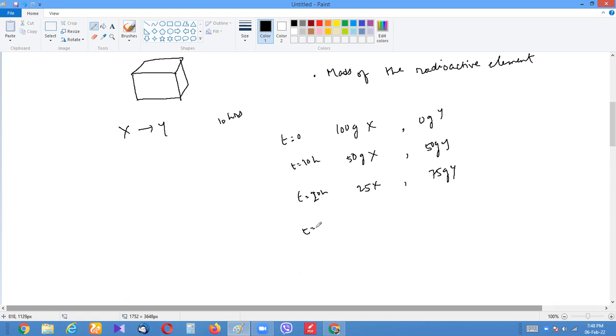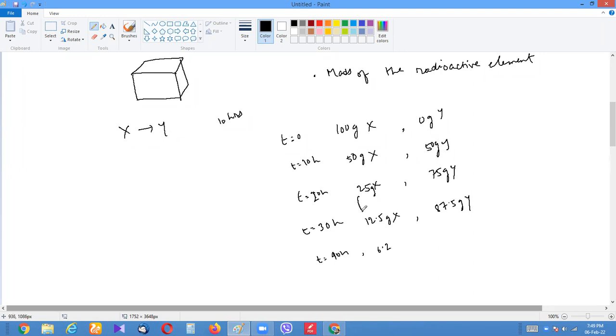At t equals 30 hours, which means after 3 half-lives, we're going to have 12.5 gram of X along with 87.5 gram of Y. After another 10 hours, at t equals 40 hours, this will once again halve. Is it 37.5 or 87.5? 87.5.